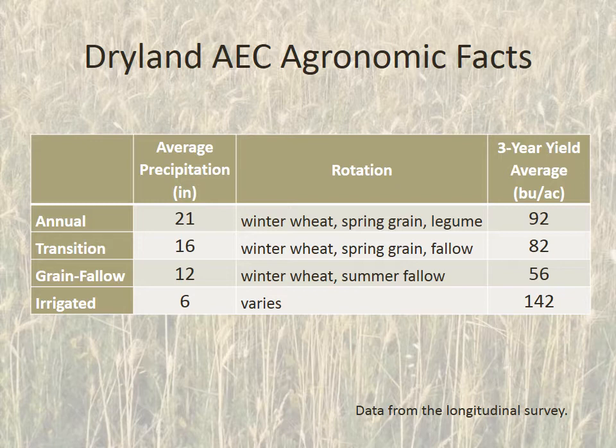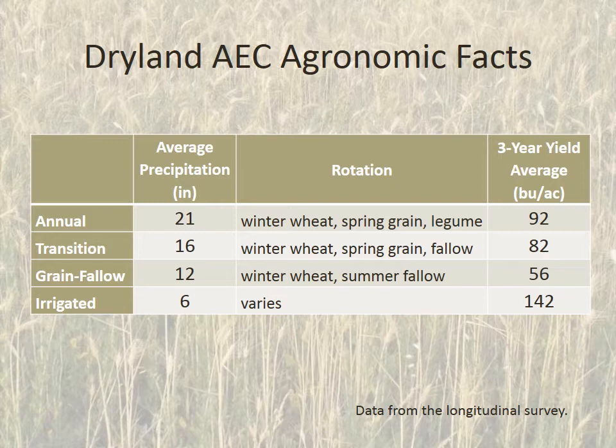This is a summary of the data from the longitudinal survey. For annual precipitation, you can see the annual class in the most eastern part of our study area has the highest average precipitation, and then it falls off as we move west.